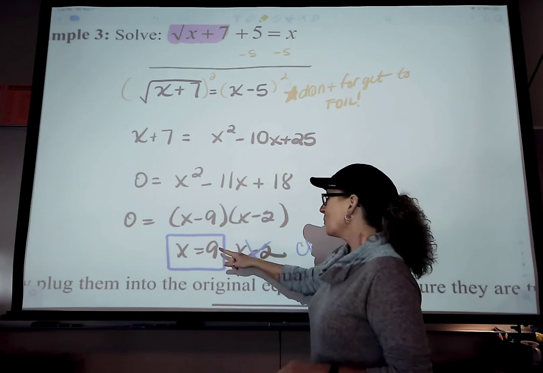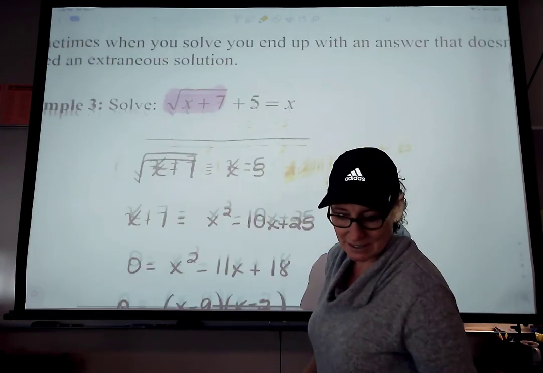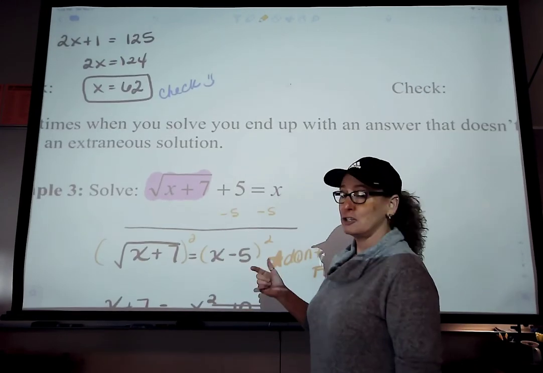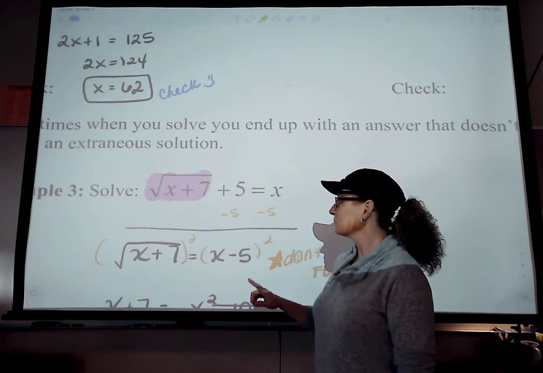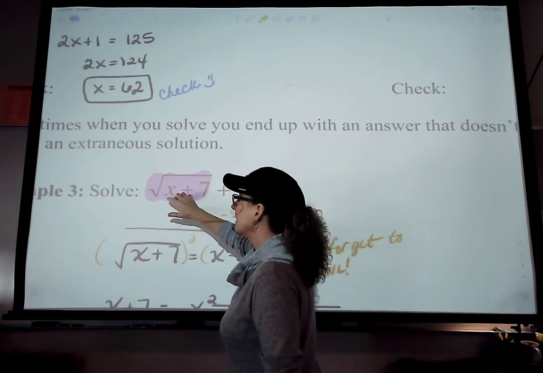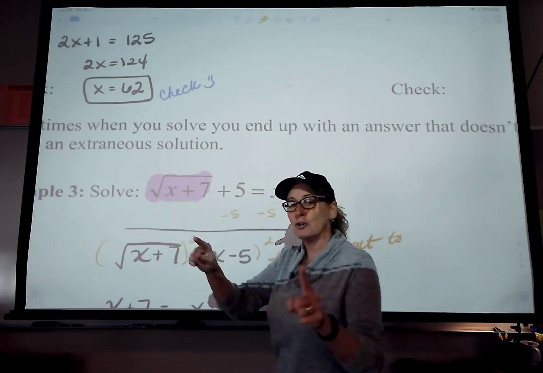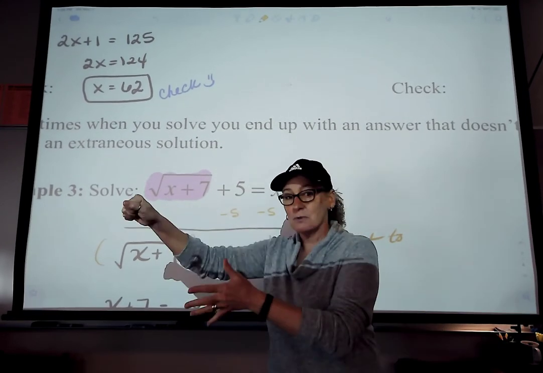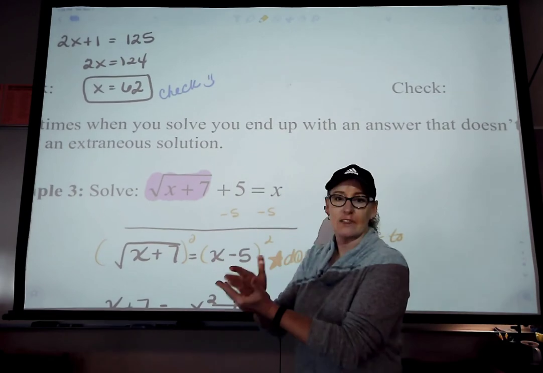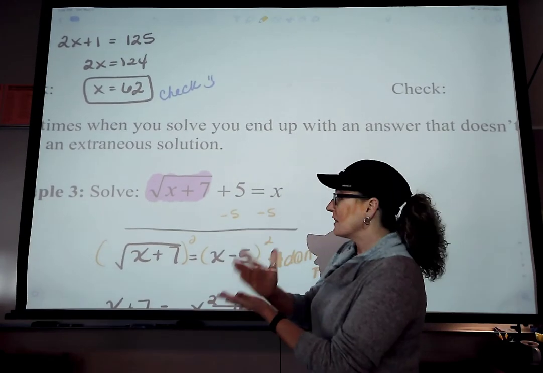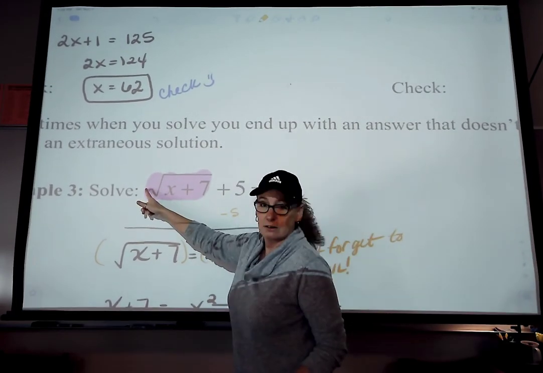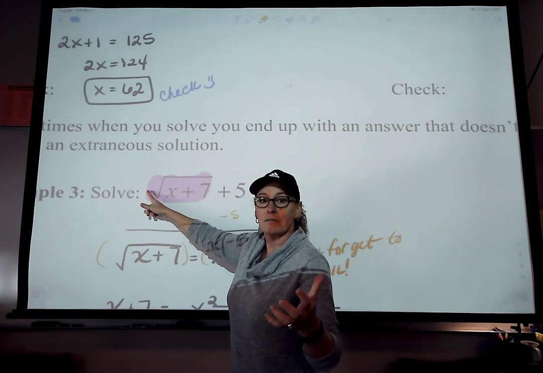Thing is, when I plug each of them back in, the 2 didn't work. Only the 9 worked. And keep in mind, this radical already existed on your paper. You didn't decide to square root this side, square root this side. It was already there. And since it's already there, look what's in front of it. Nothing.